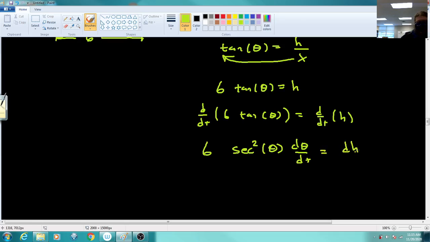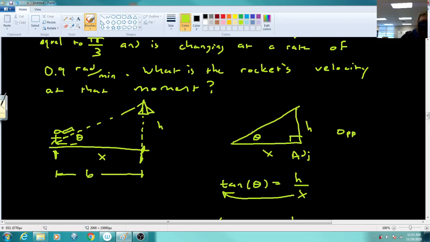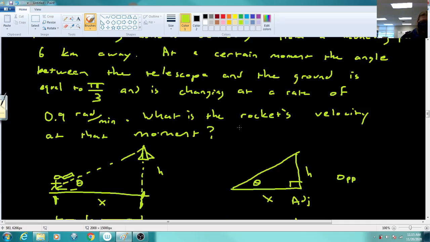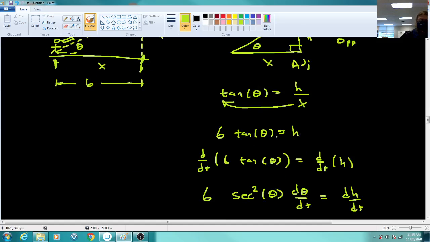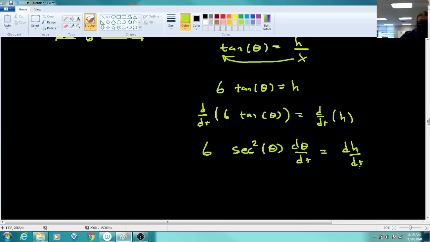That equals dh dt, the change in height with respect to time, which is what we're interested in. We're asking what's the rocket's velocity at this moment that the telescope's at this angle with this increase. And that's what this is telling us. dh dt is the rate that the height changes with respect to time, which is the rocket's velocity.